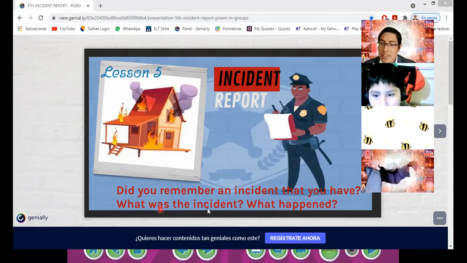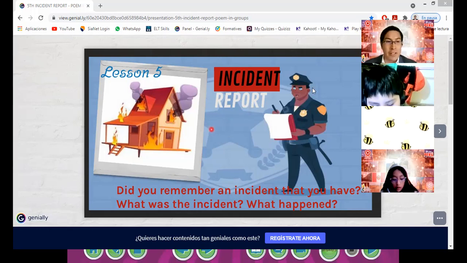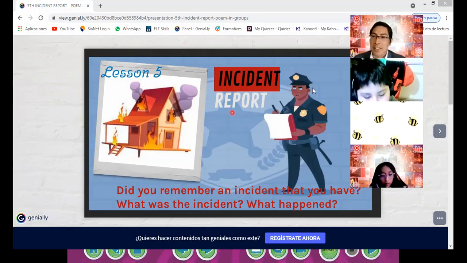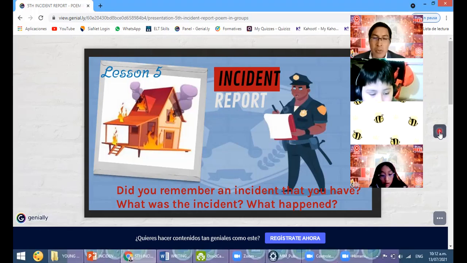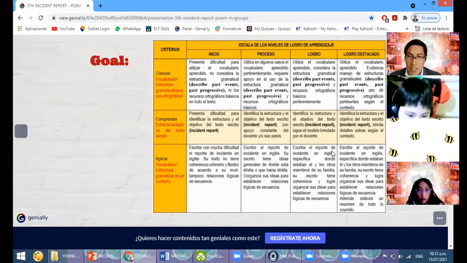What was the incident? It was a fire, like this. This is a fire. It wasn't a fire, a blackout maybe. Maybe you broke your leg or your arm. That is an incident. Okay, and today we are going to write about that. The teacher is going to evaluate this today.